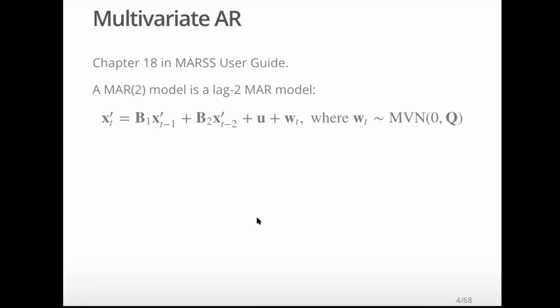So any kind of fitting method that's going to use likelihood, so your maximum likelihood, obviously your Bayesian methods, you've got this really fast algorithm. So it can be really helpful to rewrite this as a MARSS 1 model.